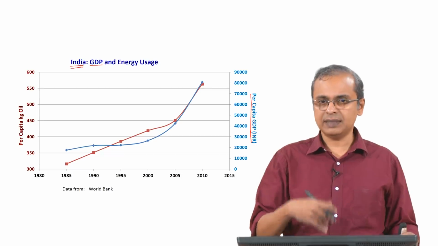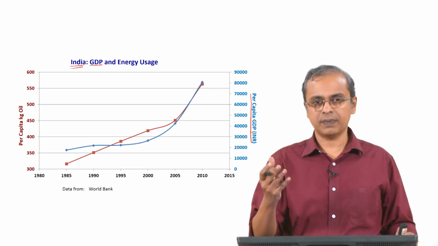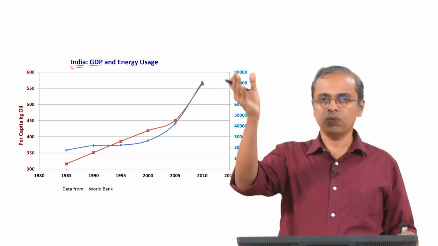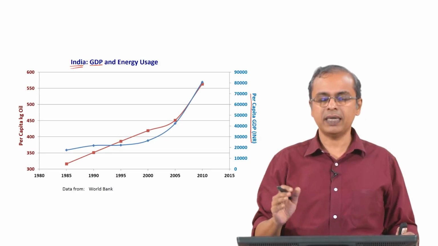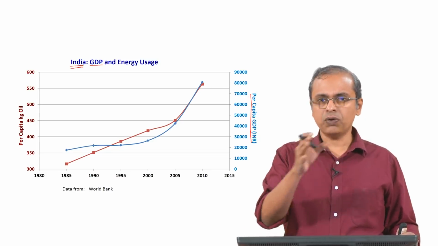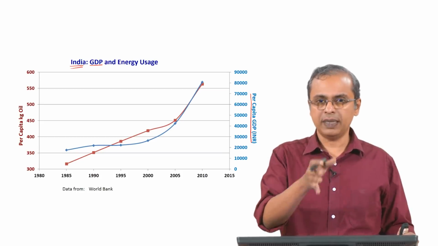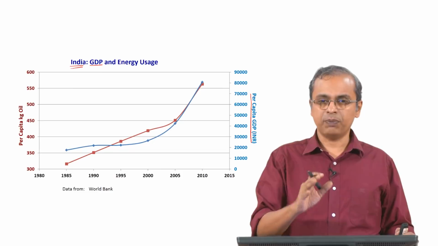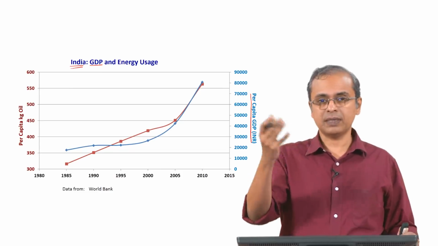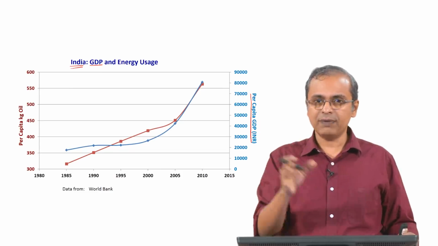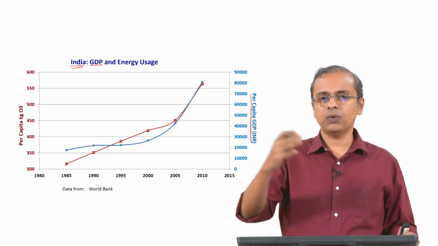Okay, so let us say we produce cars, we produce some software engineers who do some back office operations for somebody, things like that. So what is the value of all those things that we have produced? We have produced so many cars, that cost so much. We have produced so many televisions, it costs so much. We have produced so many engineers who are doing so much work for other people, that costs so much. So all that we add up, and then you come up with some number.